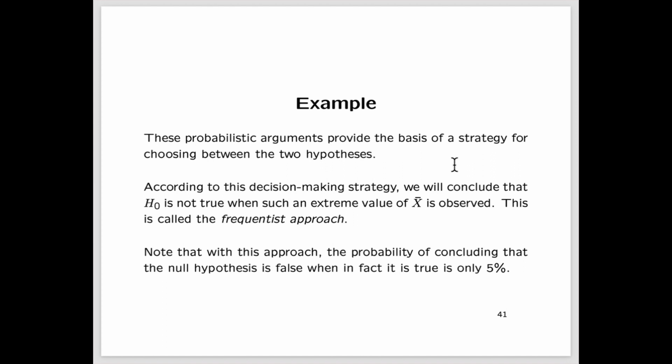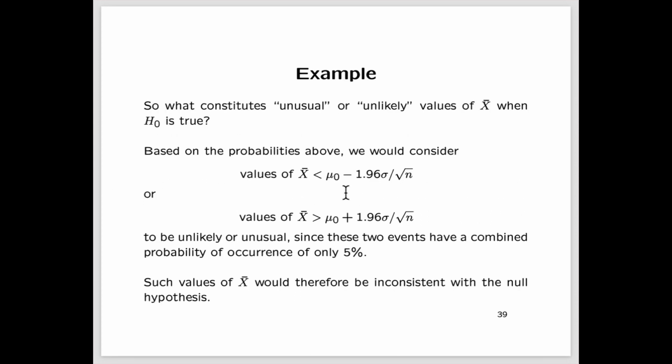The strategy that we're going to adopt is to conclude that the null hypothesis is not true when we observe such an extreme value of X bar, in particular, if X bar is either to the left of that value or greater than that value.